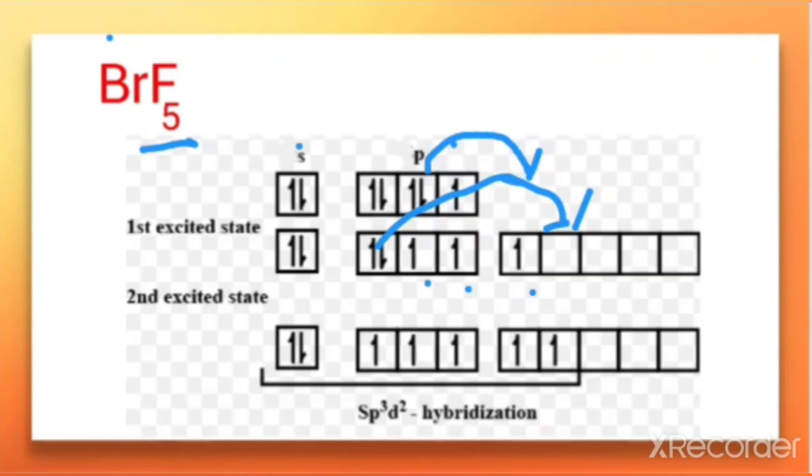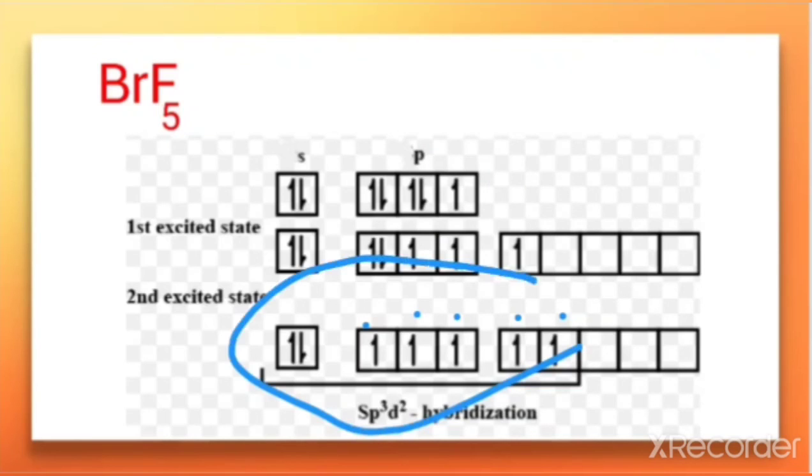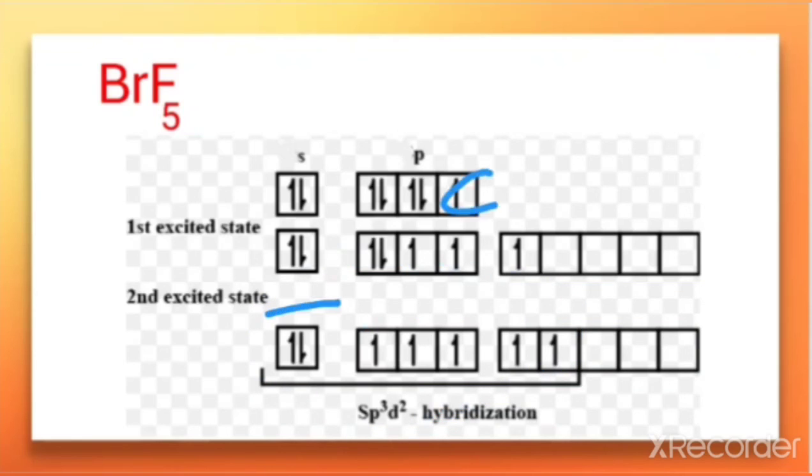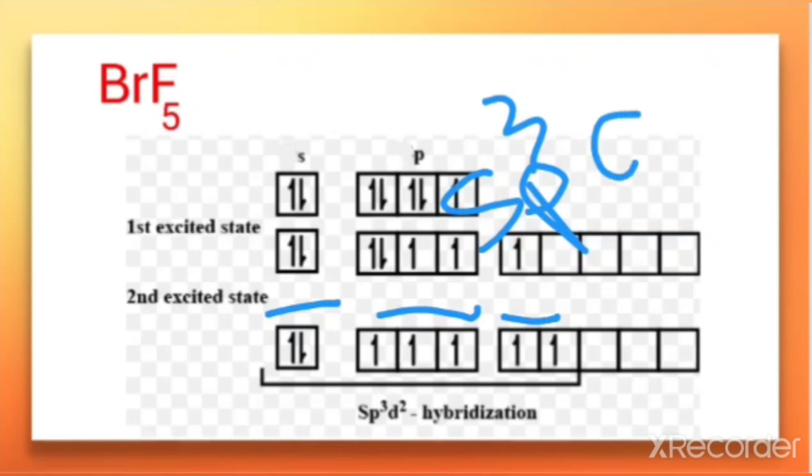So in the second excited state, you can see there are 5 single, unpaired electrons available. These undergo intermixing, that is 1 s orbital, 3 p orbitals and 2 d orbitals, resulting in the hybrid orbitals called sp3d2 hybrid orbitals.